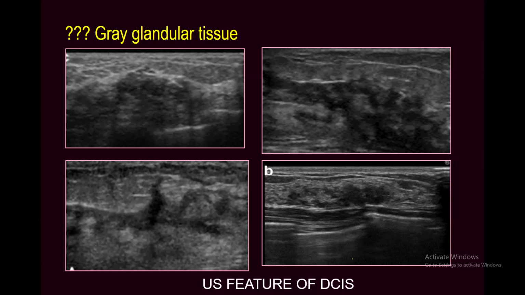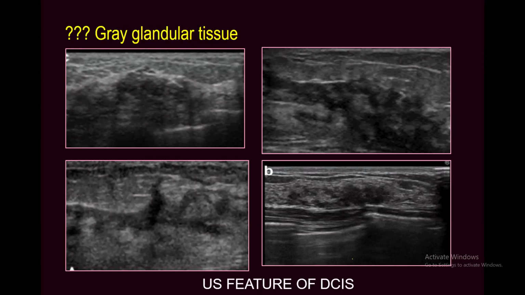To be honest, for a long time I tried to correlate these findings. I used to see this abnormality, not typical of a breast mass, but with definite parenchymal changes. I was thinking how to describe it. I started to describe it as I have seen it.